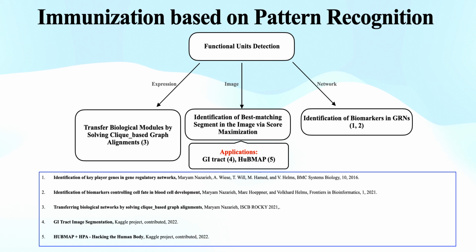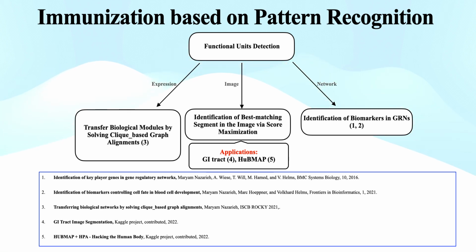To identify functional units for the purpose of immunization based on pattern recognition, having expression data, we suggest to transfer biological modules from well-annotated biological networks by solving clique-based graph alignments.